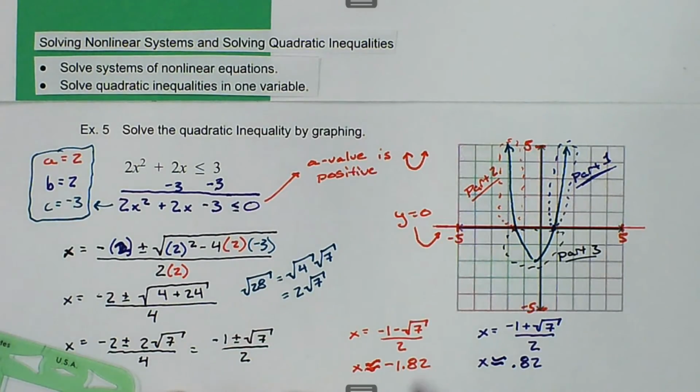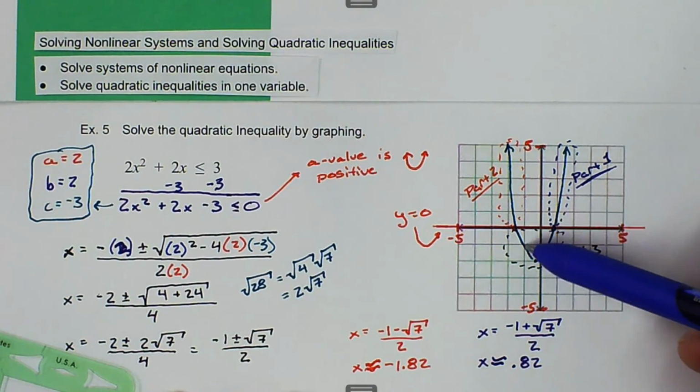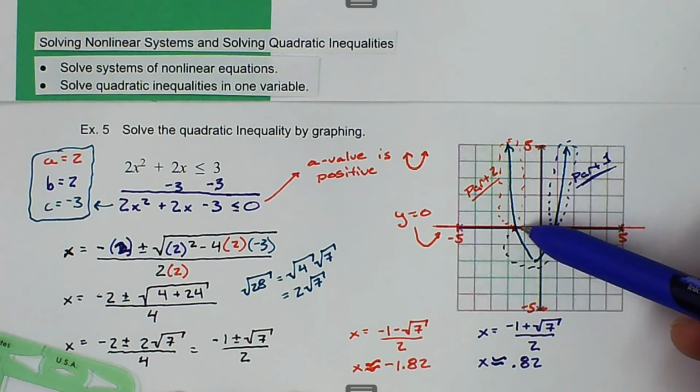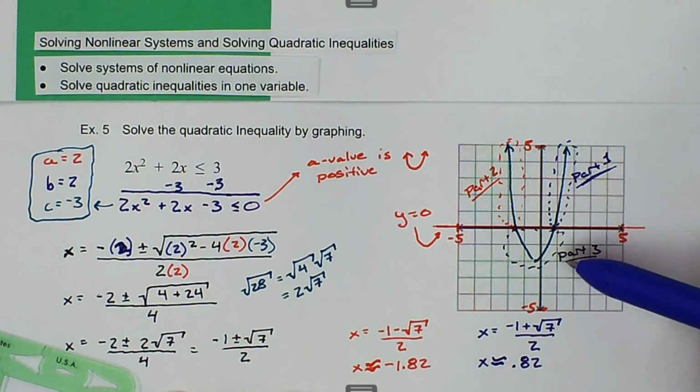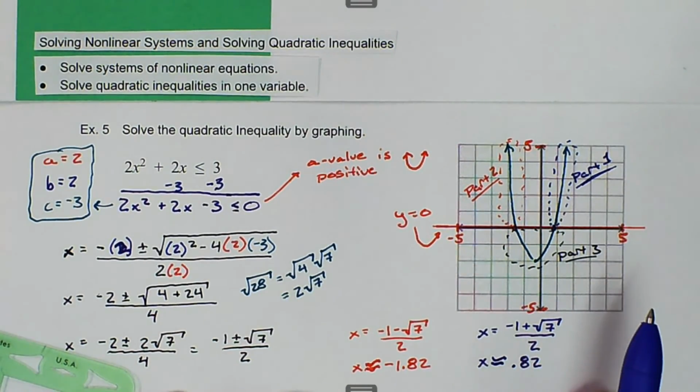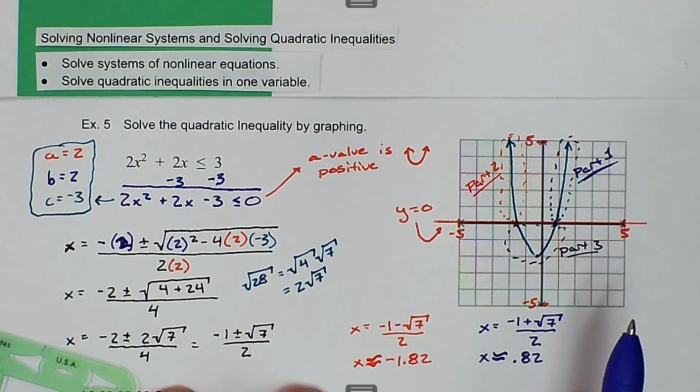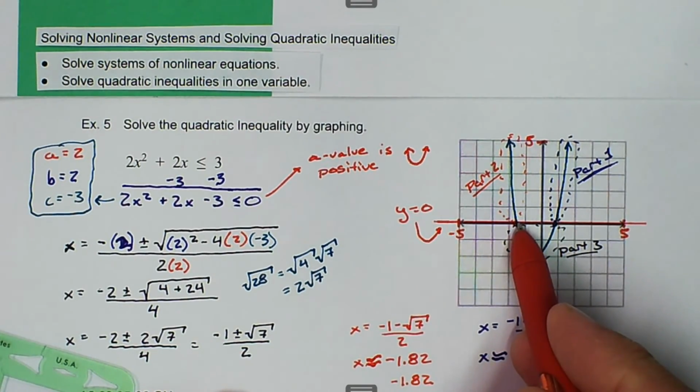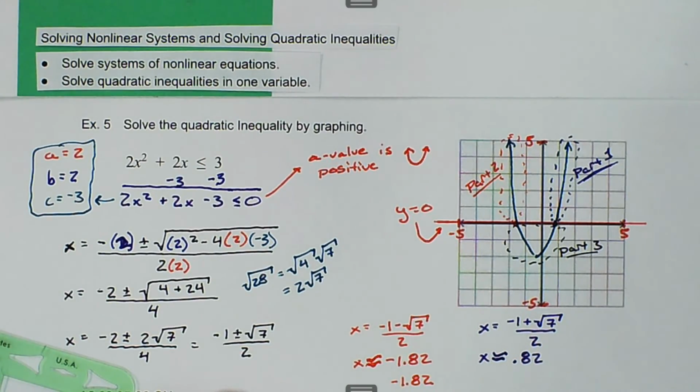So we can't just say that x is about equal to negative 1.82, and we have to include all of the points that are between negative 1.82 and 0.82. So we have to write it as an inequality. And so when we go to write that, basically all we have to do is start at our lowest value, which in this case is negative 1.82, which is right there. And then we have to go to our highest value, which is 0.82.